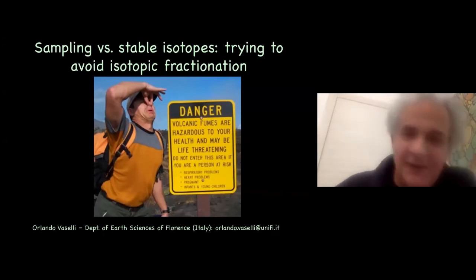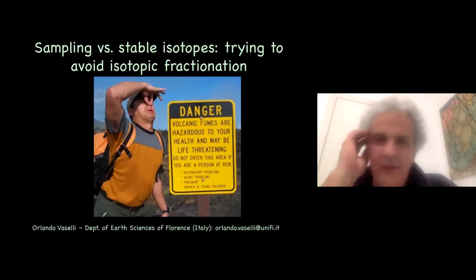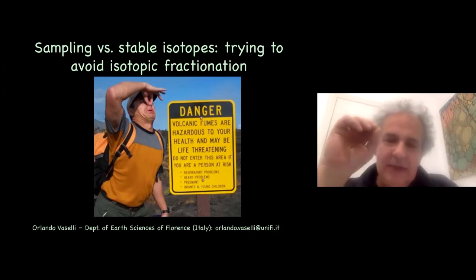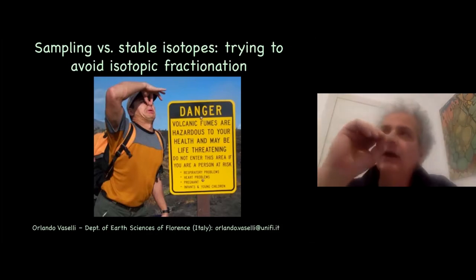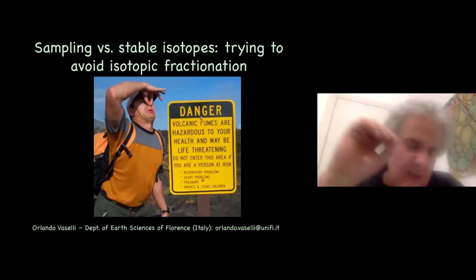Yeah. Okay, so thank you very much to Arthur and the colleagues of the Cluj University. This talk is going to show some evidence about the sampling of gases and water, basically pointing out how we can do a good sampling for stable isotope analysis.